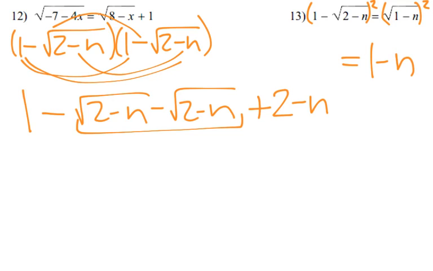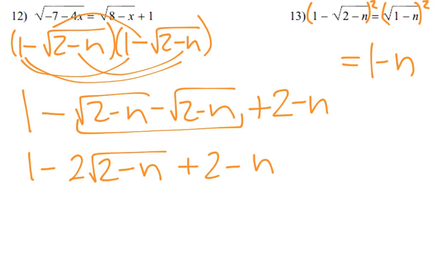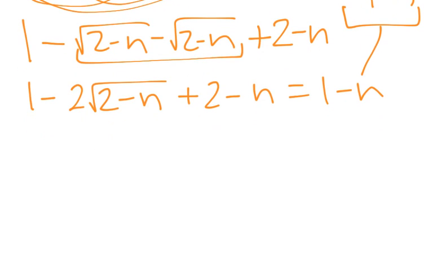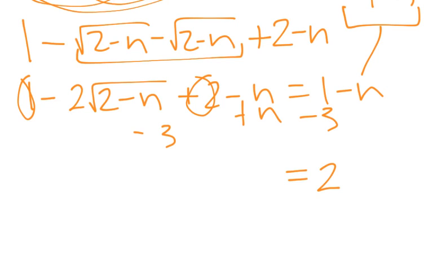Okay, that combines, giving us 1 minus 2 square roots of 2 minus n plus 2 minus n equals 1 minus n. We bring that part down. So 1 plus 2 is 3. Subtract 3 from both sides. We get a positive 2 on the right. Add an n.